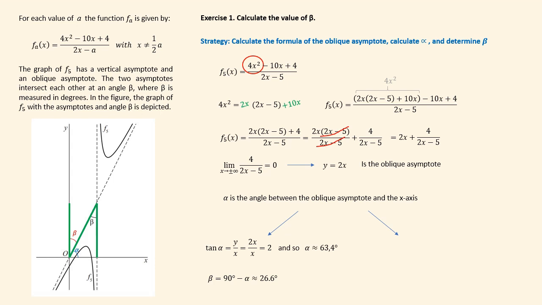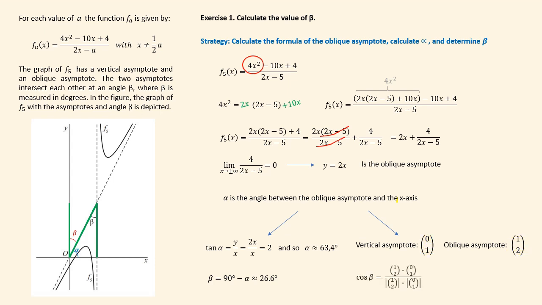Another way of solving this is through vectors. First, we have the vertical asymptote. It's vertical, so there is no movement in the x direction. But there is movement in the y direction because it's vertical. And secondly, we have the oblique asymptote, where we can see that for each step of 1 in the x direction, it goes 2 steps in the y direction.